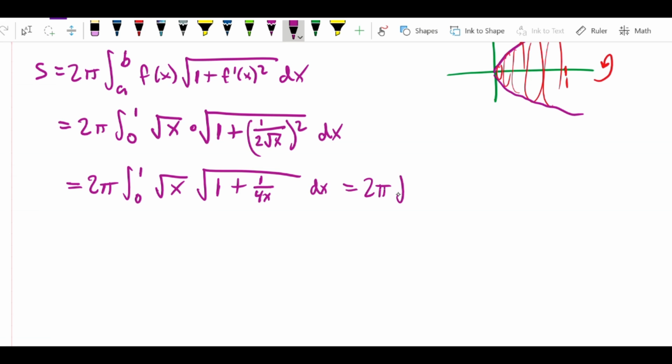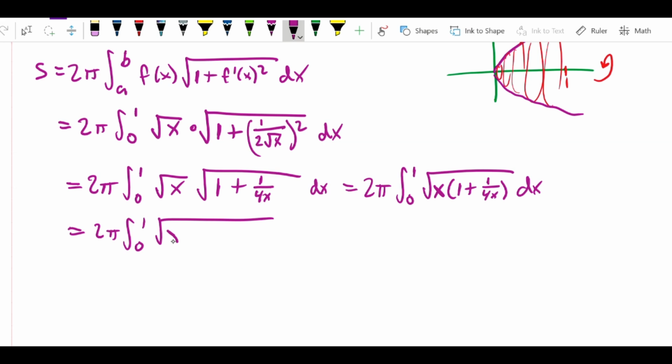So that's going to be 2 pi integral from 0 to 1 of the square root of x times 1 plus 1 over 4x dx. So that's going to be 2 pi integral from 0 to 1 of the square root of x plus 1 over 4 dx.